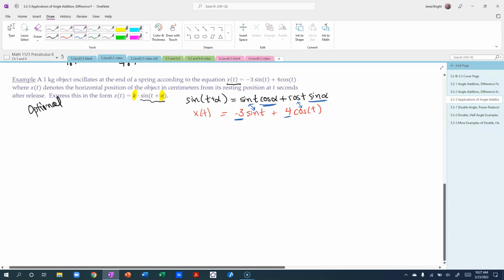This is problematic though because these are not in the ranges of cosine or sine. Sine and cosine are between negative 1 and 1. So how do we work with that? What we're going to do is a little analysis.